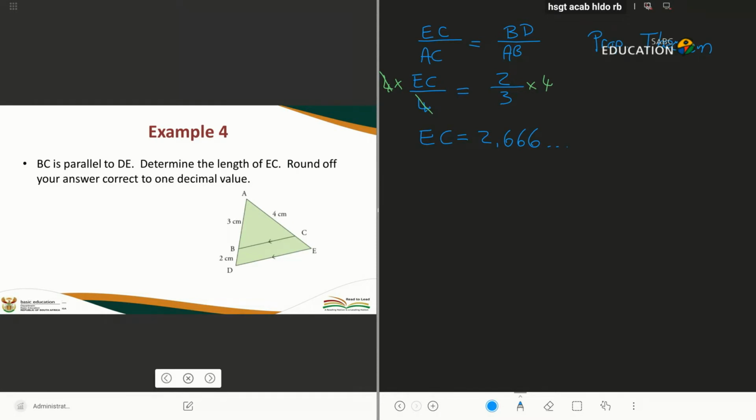So if we go to 1 decimal value, the second decimal will be the determining factor whether I will round up or leave as is. In this case, the second decimal is 6, it's greater than 5. So if I round this correctly, it will be 2.7. And again, the unit is given, so please add the unit as centimeters.